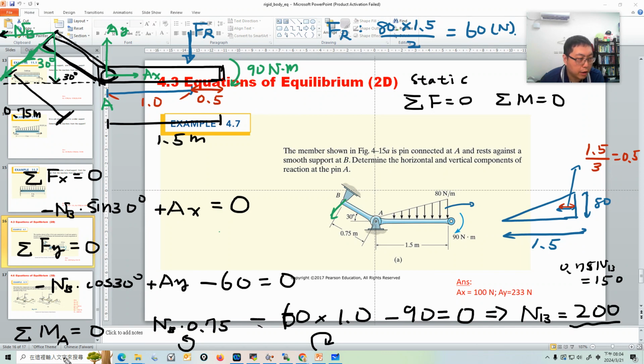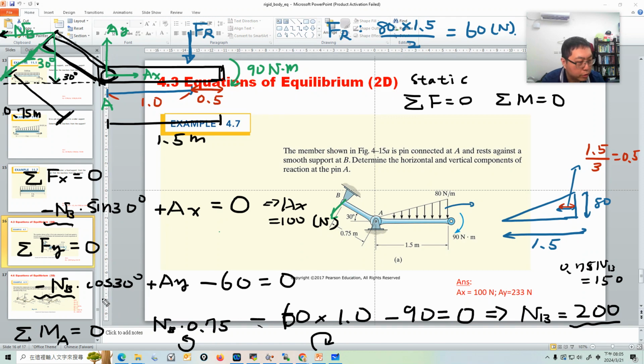So MB is 200, and I can use MB equal to 200 to solve AX. AX equals 200 times sine 30 degrees, which is 100. AX is 100 Newtons.